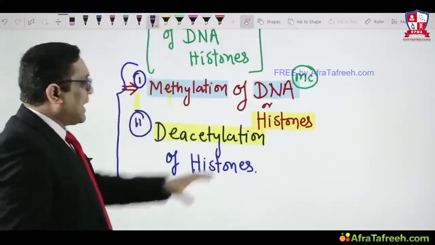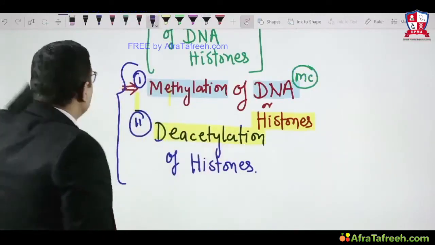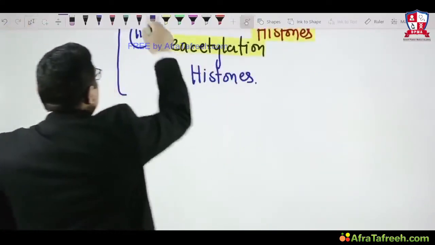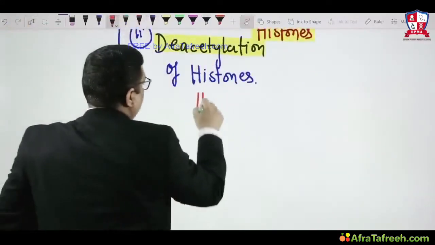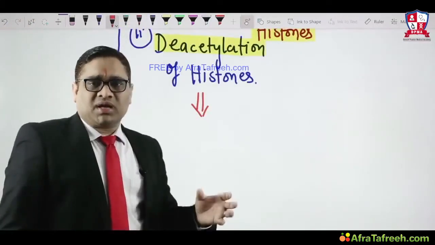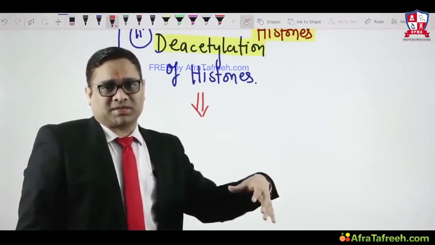So whenever methylation of DNA or histone or deacetylation of histone happens, what will happen to the expression of the gene? That was the question in an older AIIMS exam. In 2013, there was a question: if there is methylation of DNA at cytosine, what will be the expression of the gene? Increased expression or decreased expression?